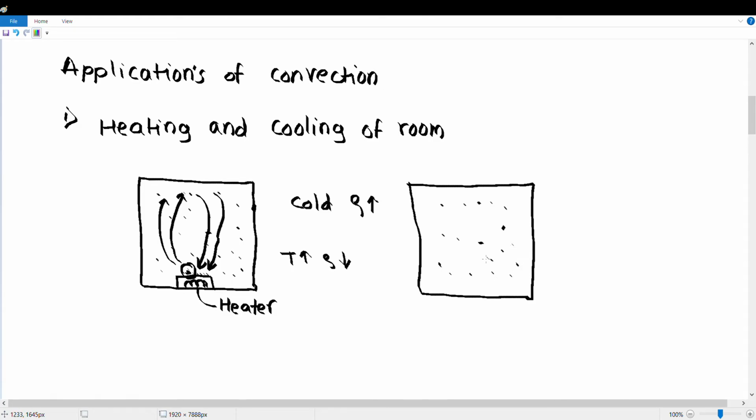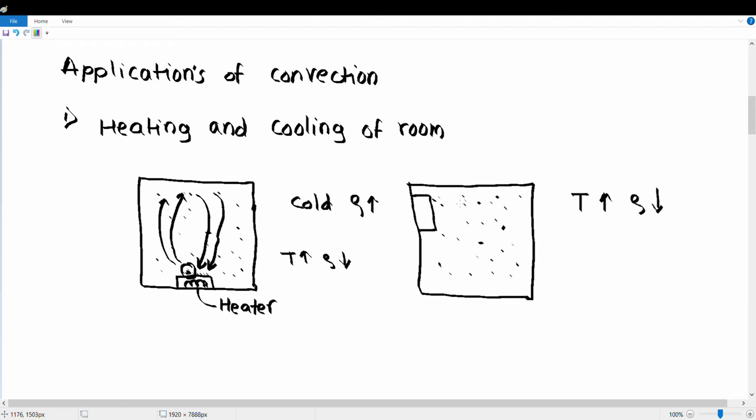Suppose this is the room and these are the air molecules. Its temperature is high in summer, and as its temperature is high, its density is low. We are having an AC. Suppose this is our AC.